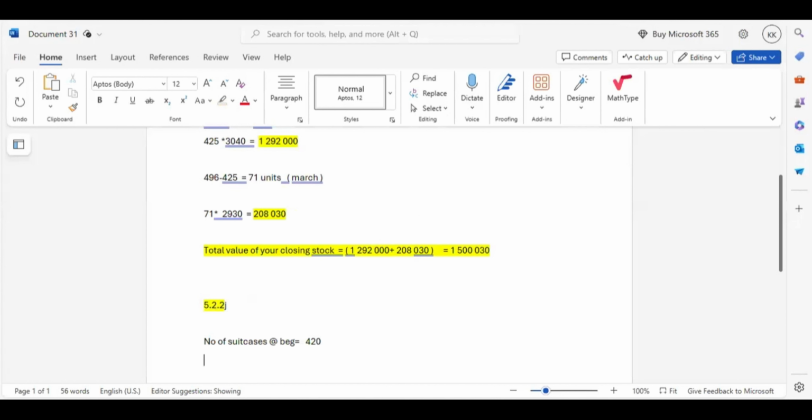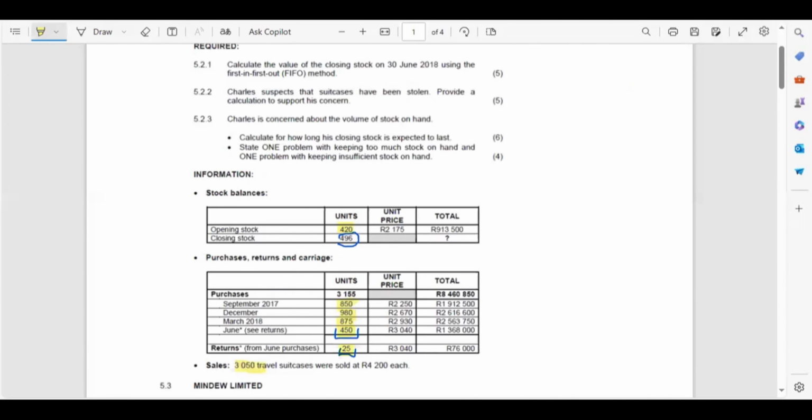Now, how many did we purchase? So now here we need purchased suitcases. We said we purchased 850, and we also purchased 980, and we also purchased 875, as well as 450. Now there were 25 returns.